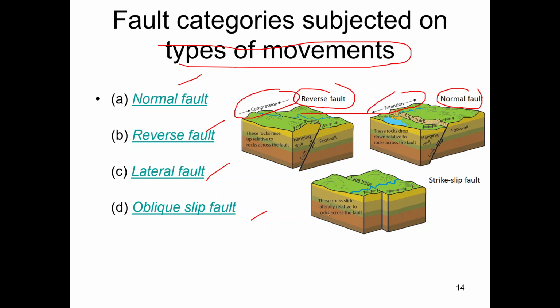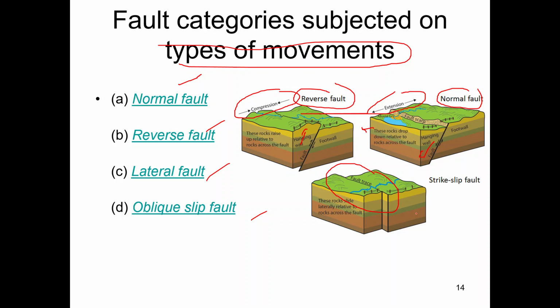A lateral fault is because of shear force. This is how the rock mass looks like. If we have compression, this block will go up, against gravity. For example, here this block is moving down, you can see this crack here, because of tensional force.